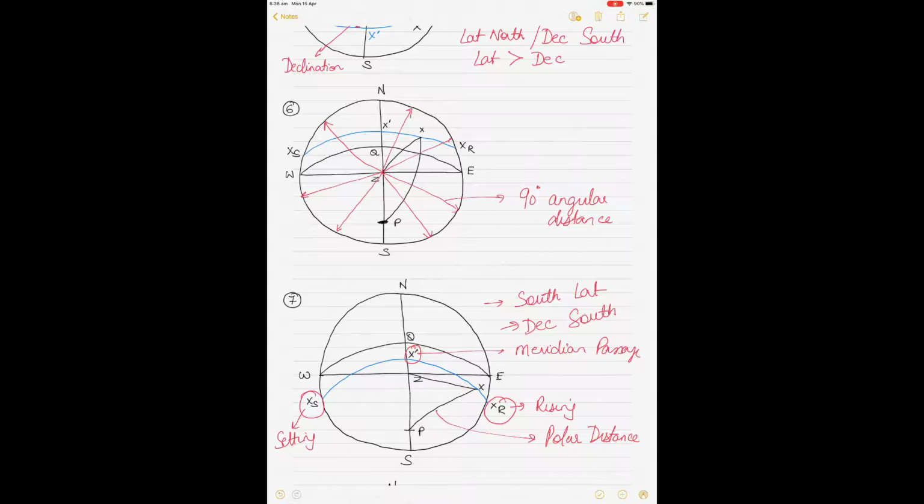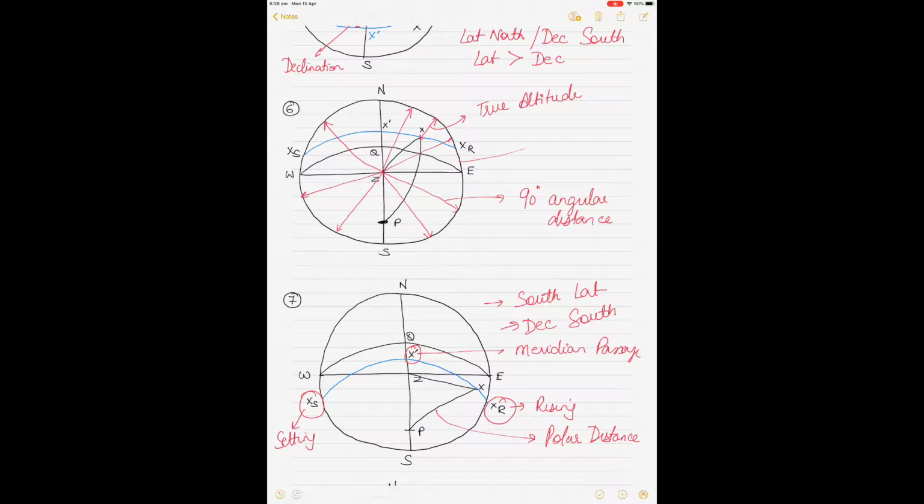Alright, so that's why when the body is rising, the body's distance from the horizon, that's true altitude, because that's the angular distance by which the body has risen from the horizon.